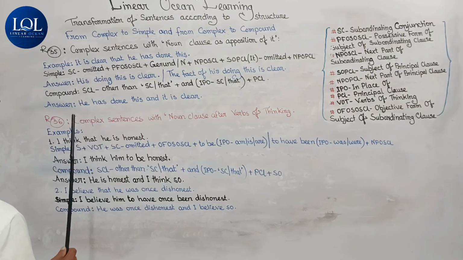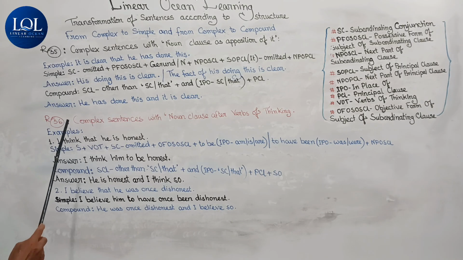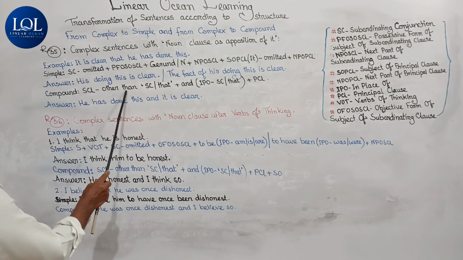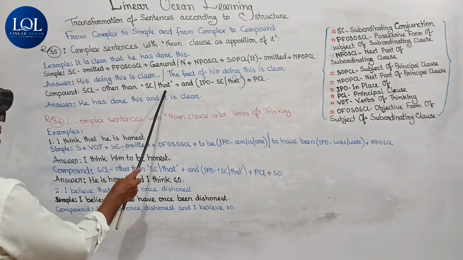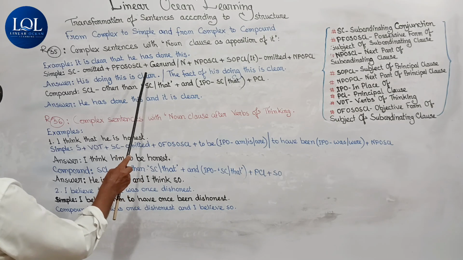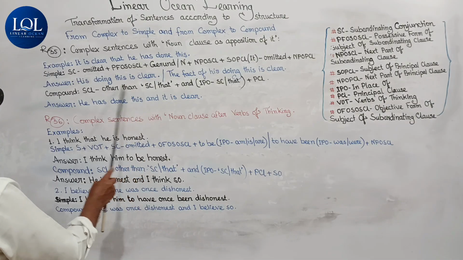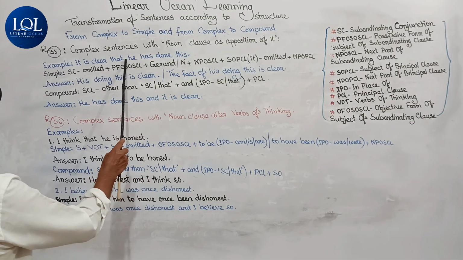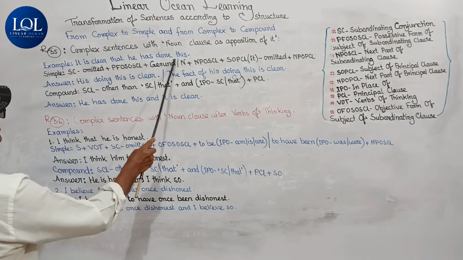Now if we want to put it into a compound sentence, the structure we have to follow is SCl, that is subordinating clause, other than the subordinating conjunction "that". Here the subordinating clause is "that he has done this"; other than that, it will be "he has done this".